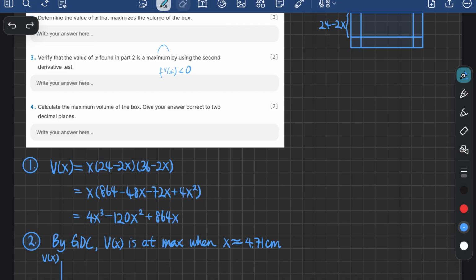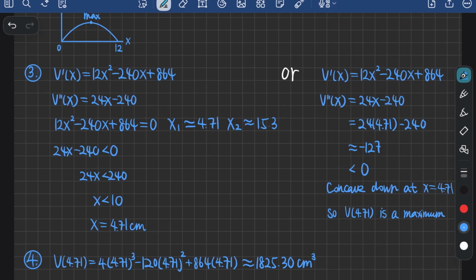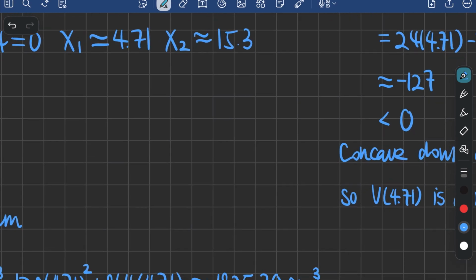Eventually, let's just complete the problem. It says to calculate the maximum volume to 2 decimal places. So you just substitute 4.71 as x in there, and then you will get this as the answer using your GDC.